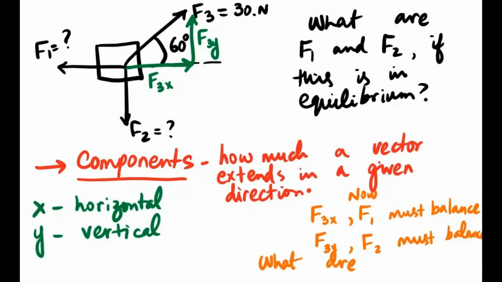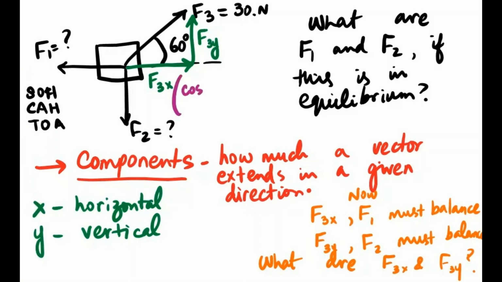So my next goal is going to be finding the components of the force that I already know, which is F3. So I'm going to use my SOHCAHTOA knowledge and apply those trig functions to figure out what is F3x and what is F3y. For F3x, I will have to use the cosine function, and the adjacent side is the F3x that I'm solving for.